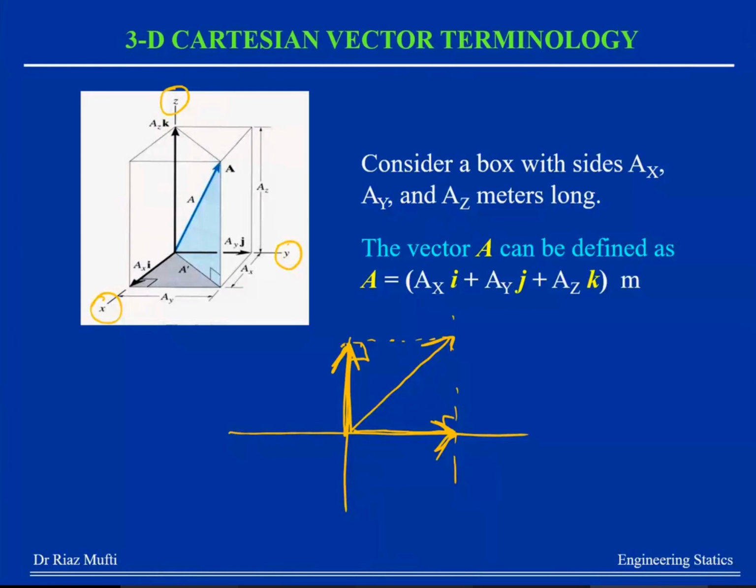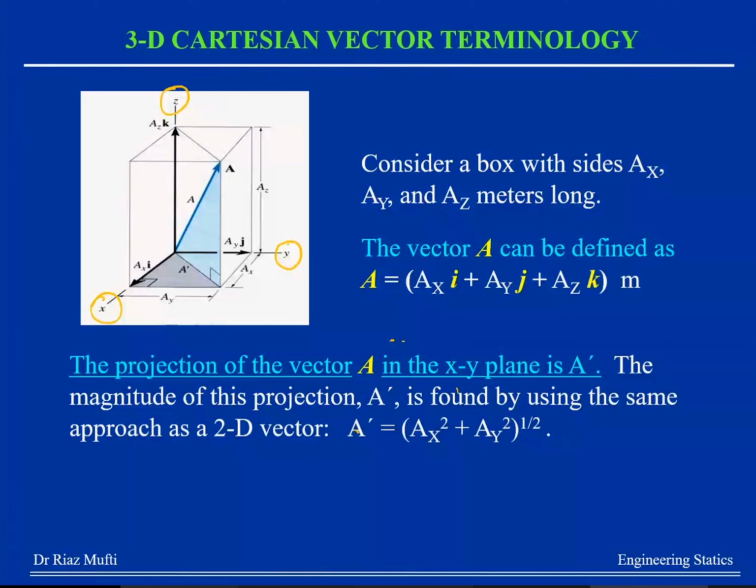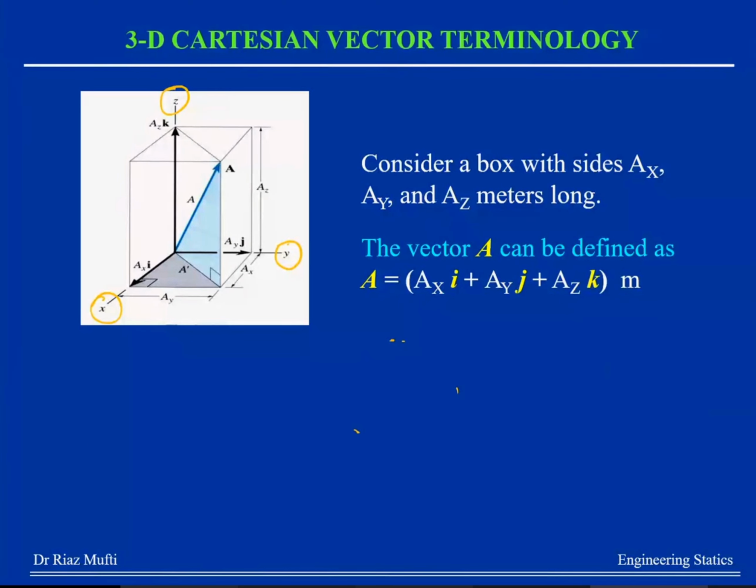I will do exactly the same for 3D also. So let's look at that. Now, I've got my A vector here. I want to see its component on the Z axis. So I will make 90° with Z. So I can make 90° here.